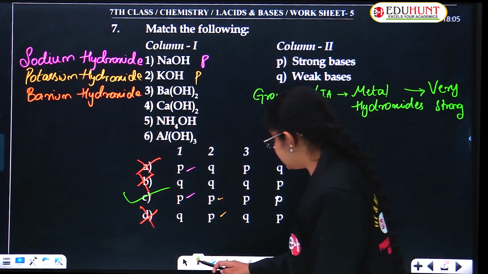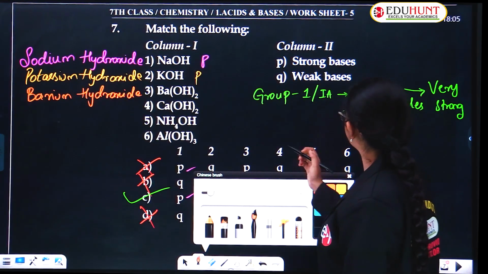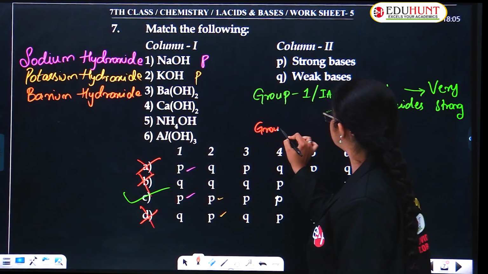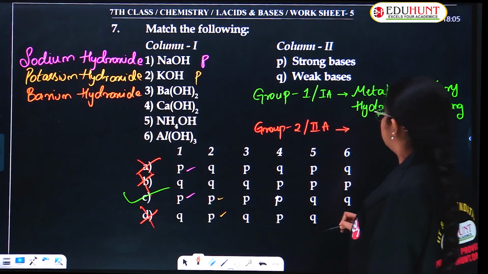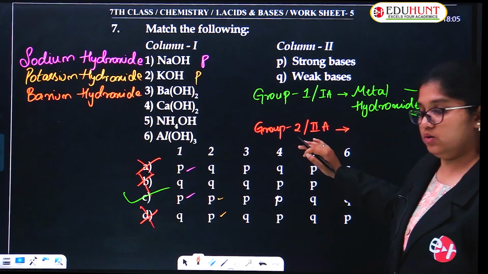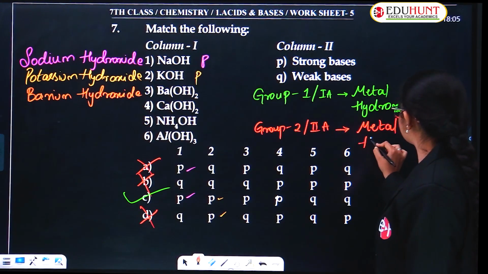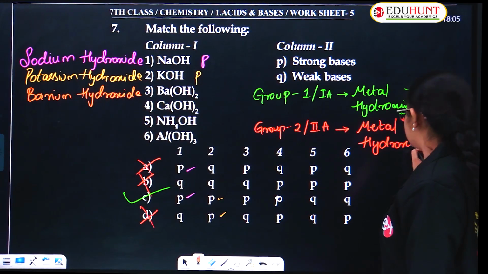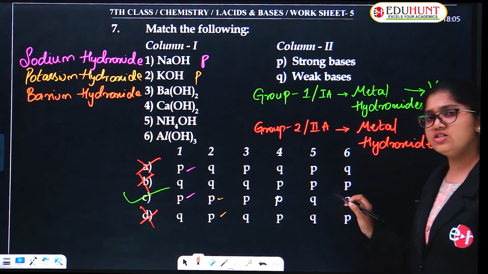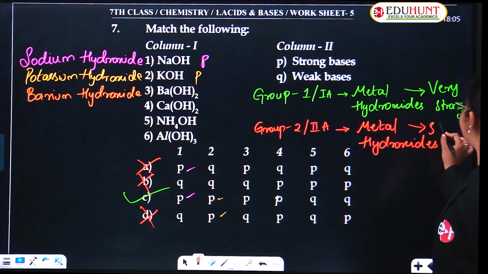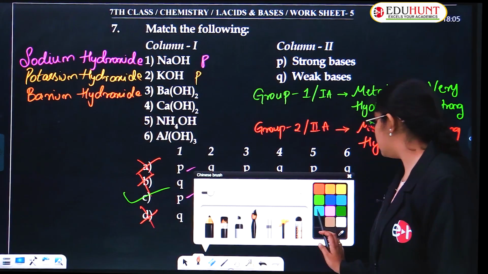Whereas coming to group 2, or Roman number 2A, you will learn this in periodic classification, don't worry. These are also metals, children, alkaline earth metals. These metal hydroxides are generally strong, that's it. But comparatively, who is stronger?